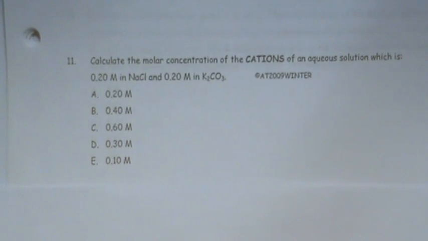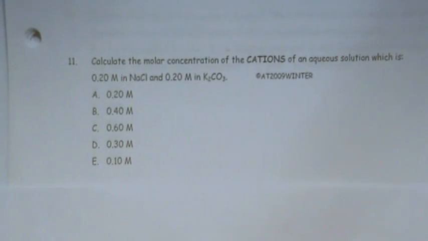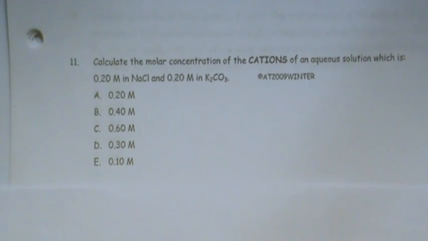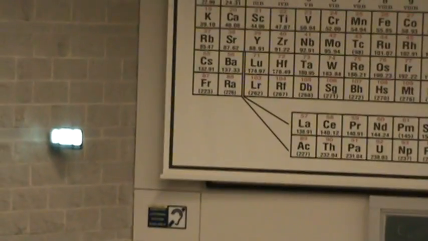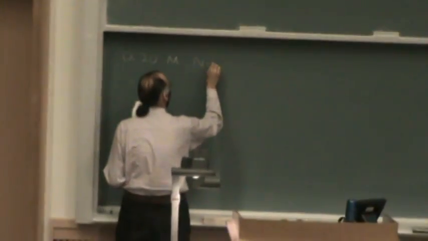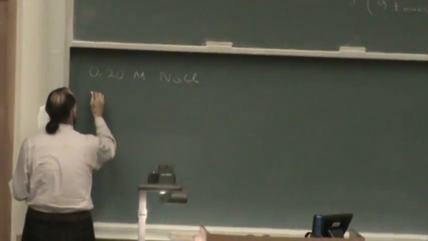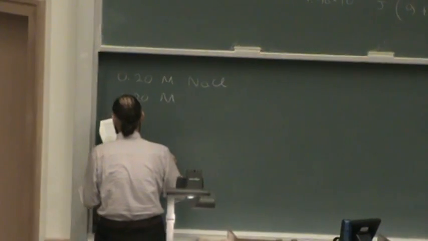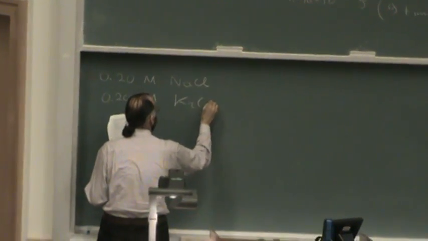Okay. Well, what do you have? You write down whatever you have. You have 0.20 moles per liter molarity of sodium chloride. And you also have, same thing, 0.20 moles per liter molarity of potassium carbonate.